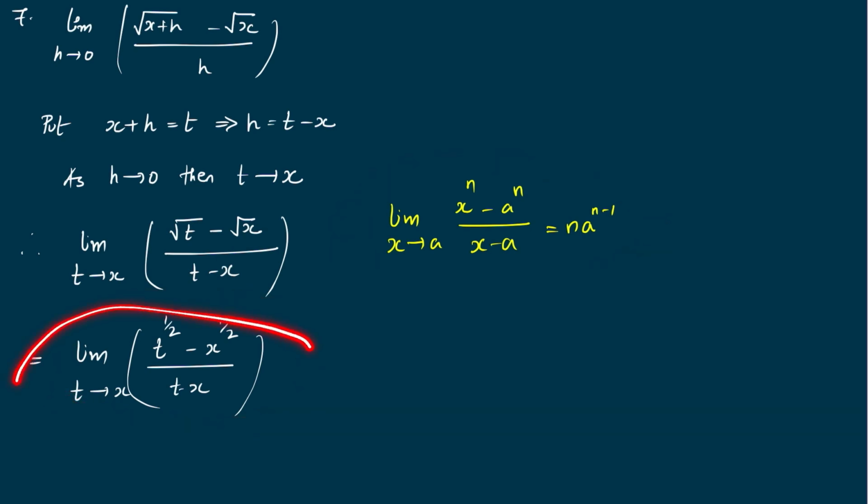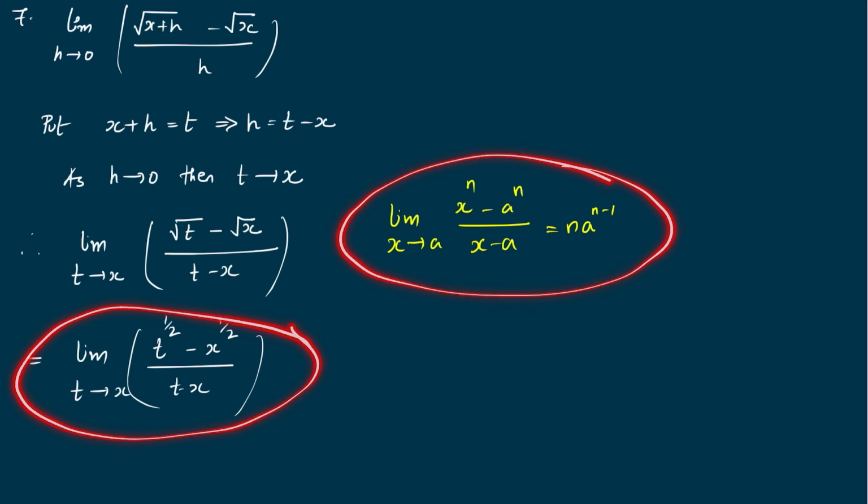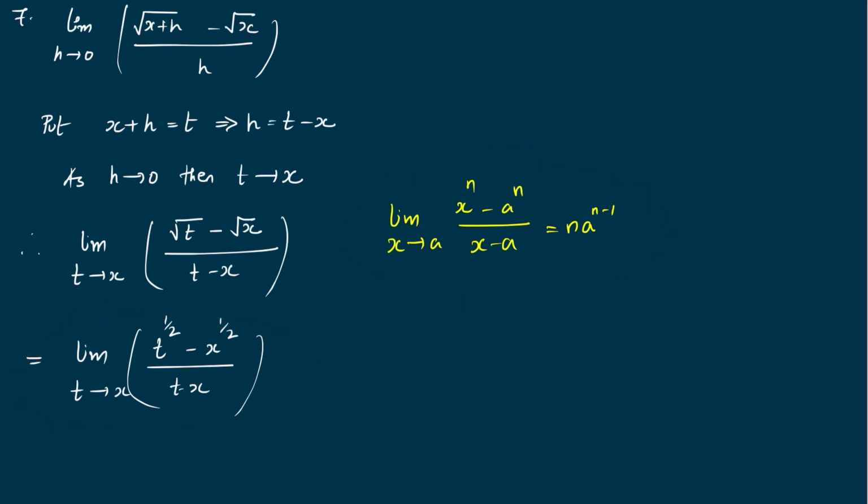If we compare the two, we get n times a to the power n minus 1. So this will be equal to half x to the power minus half, which is 1 by 2 root x, and that is our answer for this question.